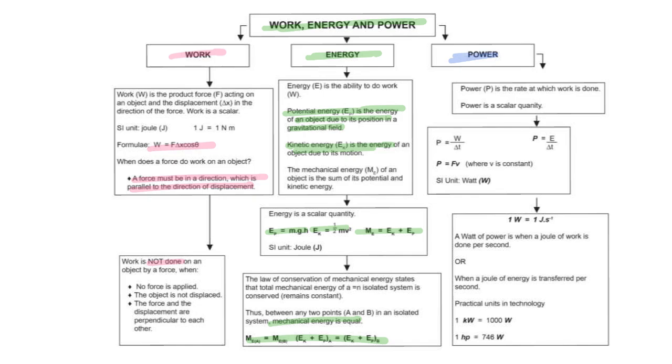The last thing is power, the rate at which work is done. It looks at the formulas for power, watts and joules per second, and then your conversions of horsepower, and how a watt of power is when a joule of work is done per second, or when a joule of energy is transferred each second. And that is your summary for work, energy, and power.